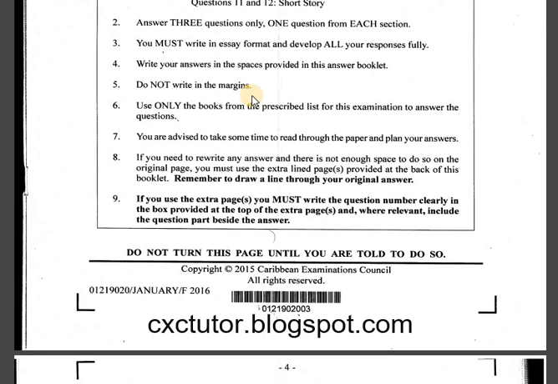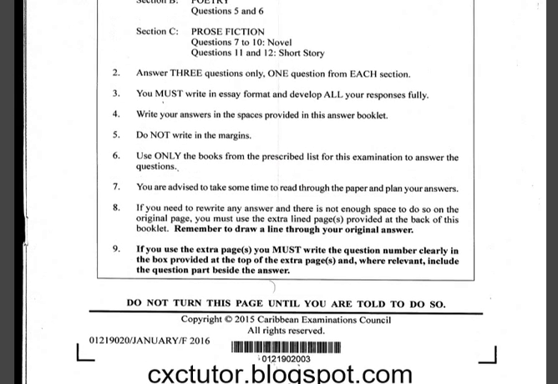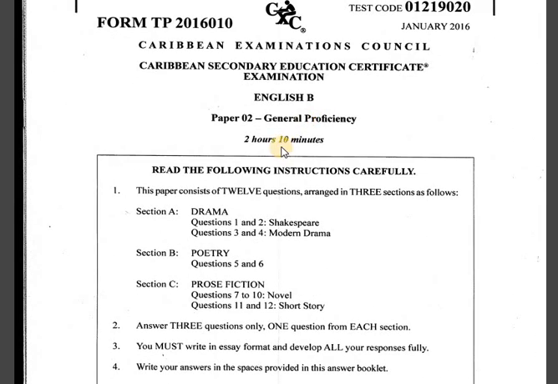So please write in the areas indicated on the paper here and here, and there's one at the top of the page on the next page that tells you the area that you're supposed to write your exam in. All right, and it says you are advised to take some time to read through the paper. And let me scroll up just to remind you of something.